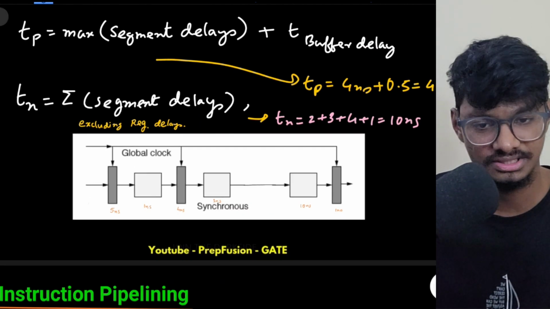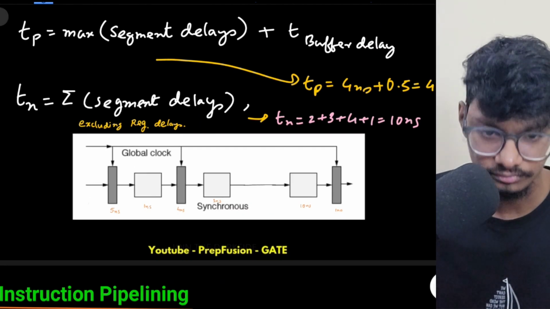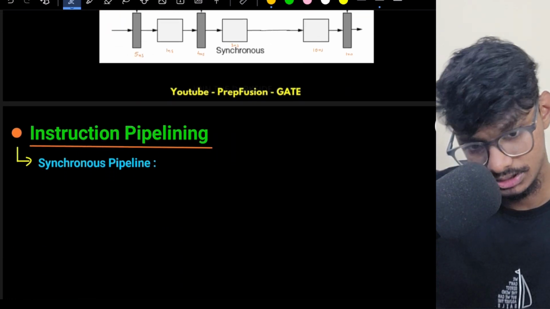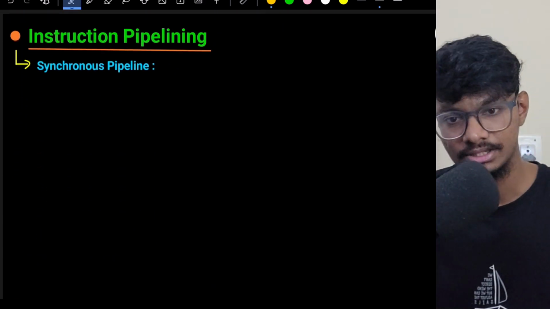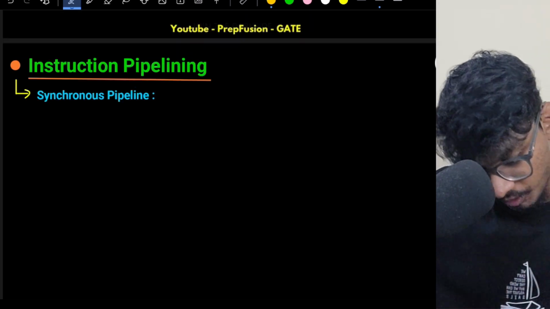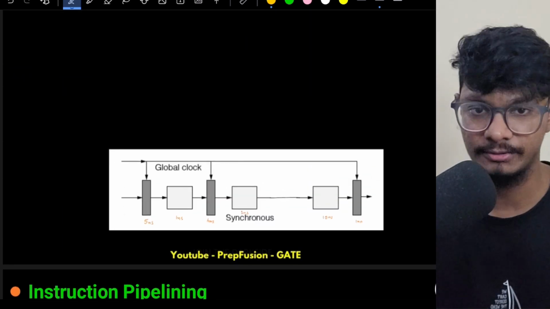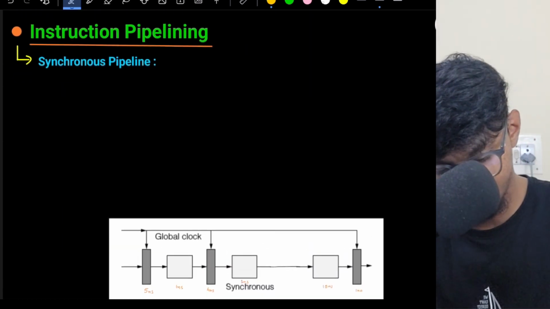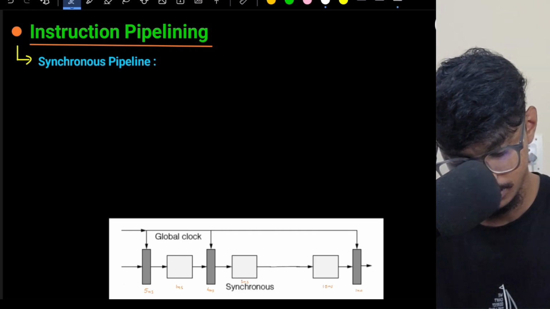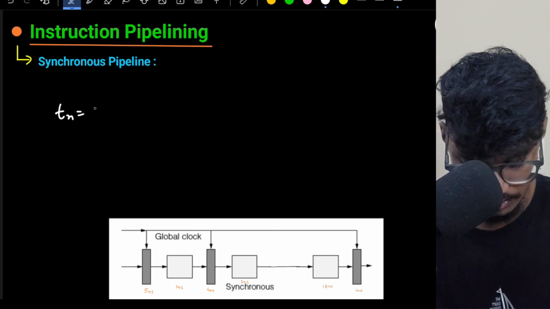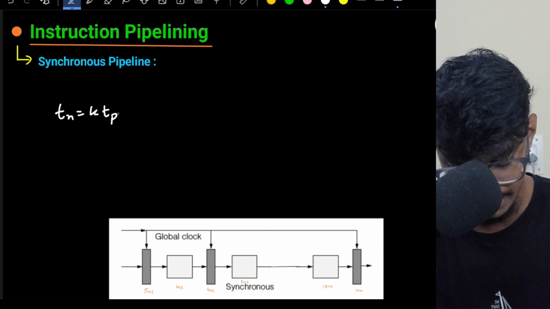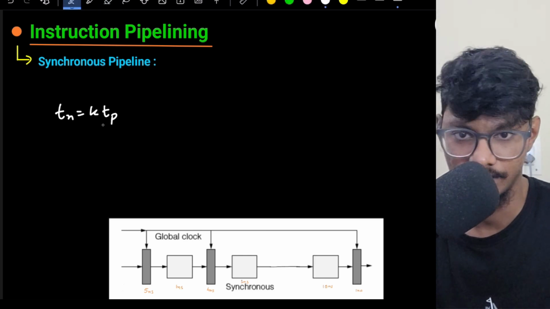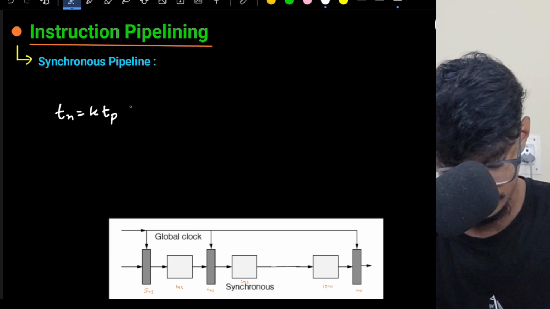This is the important point that you should know. That is what my synchronous pipeline is. One more thing: if the system is balanced, then my TN will equal k times TP. Balanced means all segments have the same segment delay.